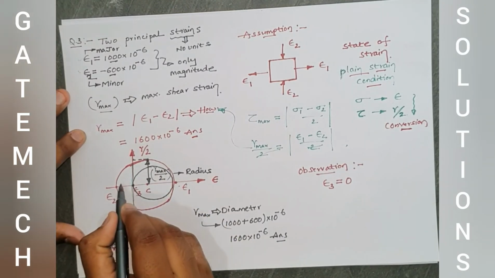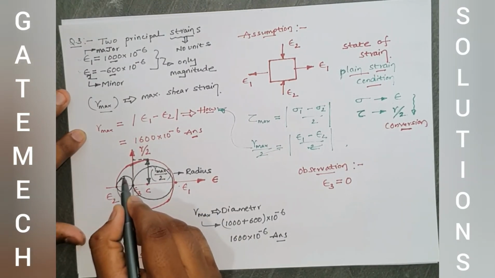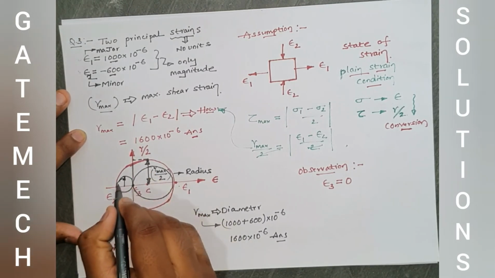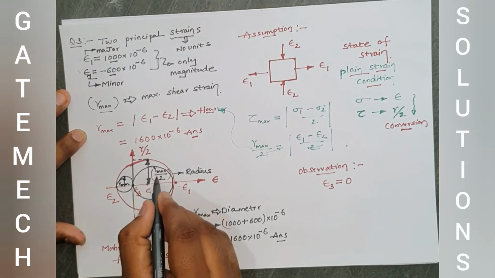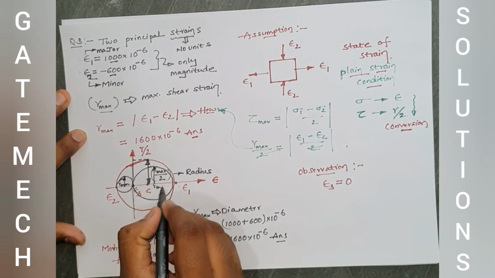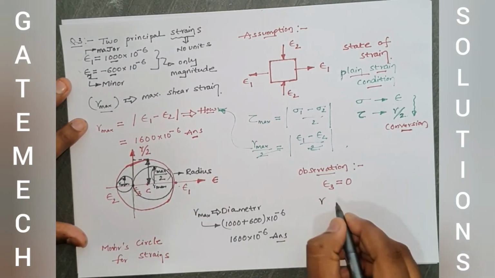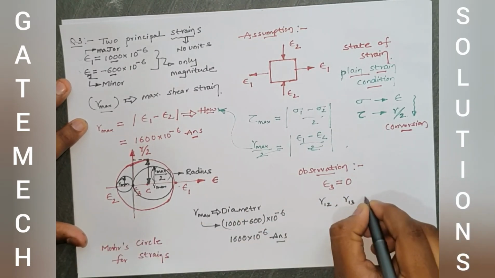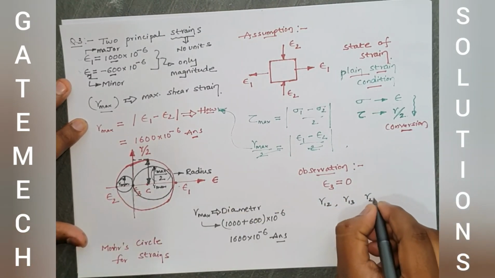Then by using 2 and 3, another Mohr circle we can draw. It's clear. So this is one gamma max, this is another gamma max, and here also one more gamma max we can get. So gamma max for 1 to 2, gamma max for 1 to 3, gamma max for 2 to 3.